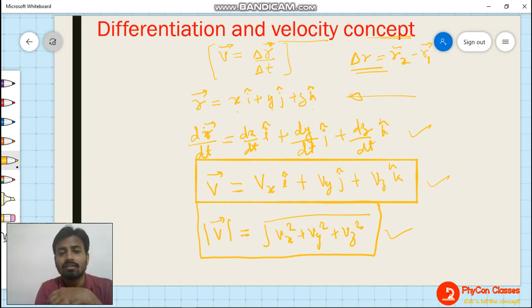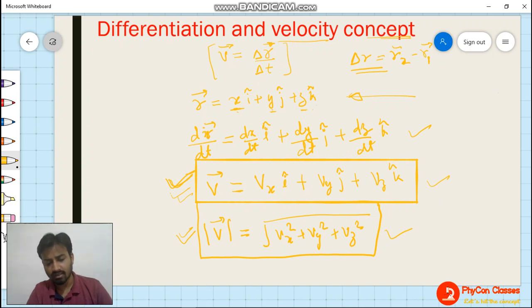If you differentiate the coefficient with j, you will get the velocity in y direction. If you differentiate the coefficient with k, you are going to get the velocity in z direction. After finding vx, vy, vz, you can write this format. After finding this, you can find the magnitude of velocity easily under the root of vx square plus vy square plus vz square.